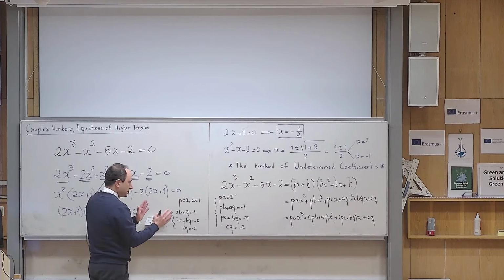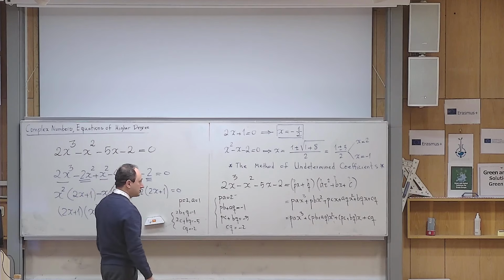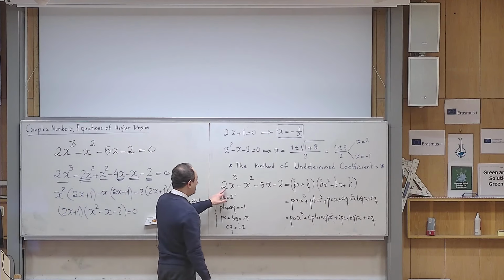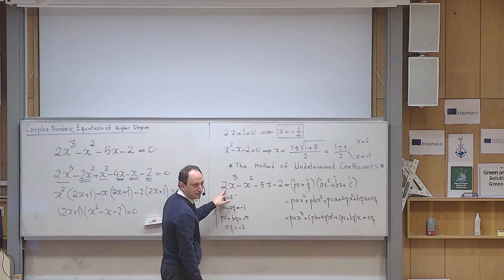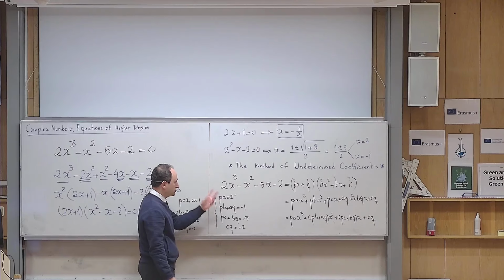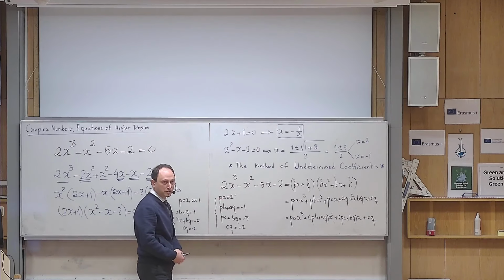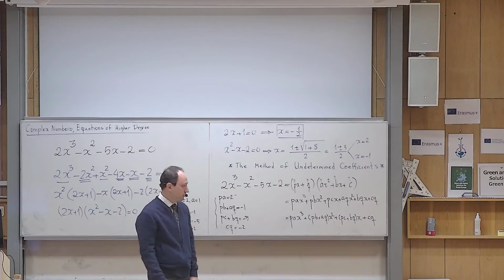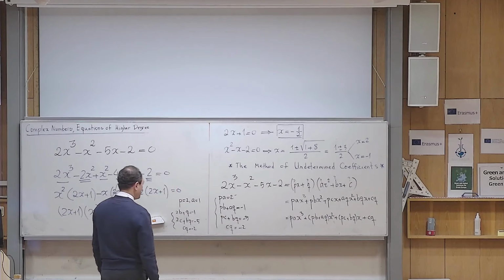So I want you to see that this method is not a very good method unless you don't have this factor of 2 in the beginning. You see that I have a problem. First of all, this problem should be hard because there are 5 unknowns and only 4 equations. So I cannot determine all the coefficients directly without any guesses.